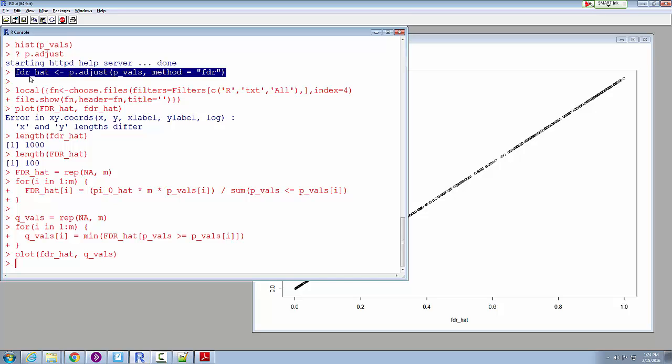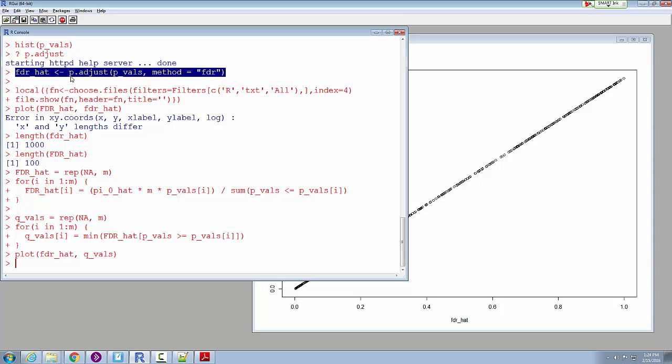Really, FDR is designed to apply to a specific set of selected features. We have 1,000 features, 150 of them had p-values less than 0.05. The false discovery rate is such and such: the proportion of my 150 that are false positives. That's what an FDR is.